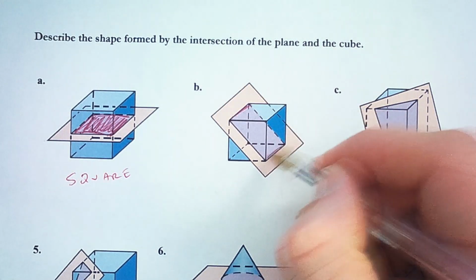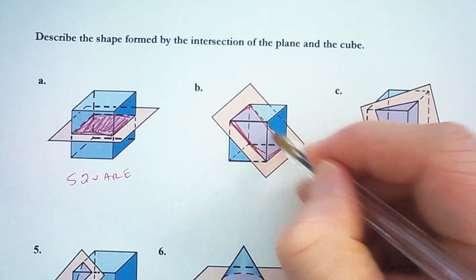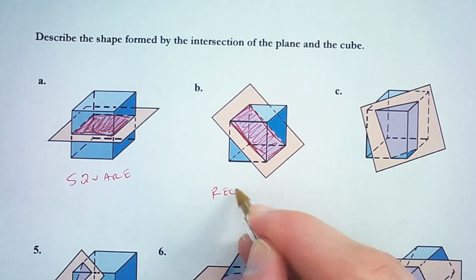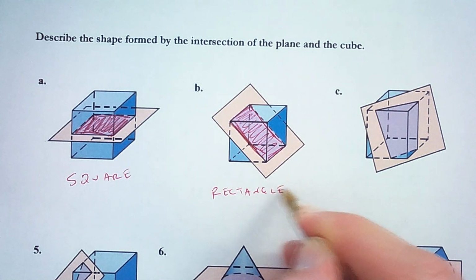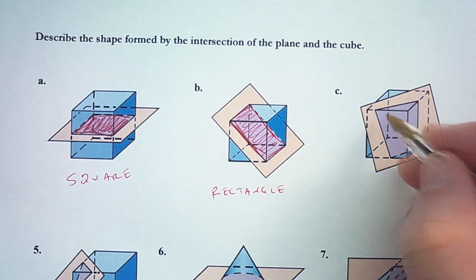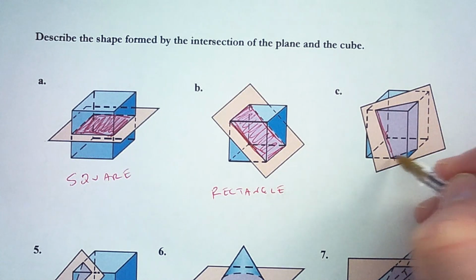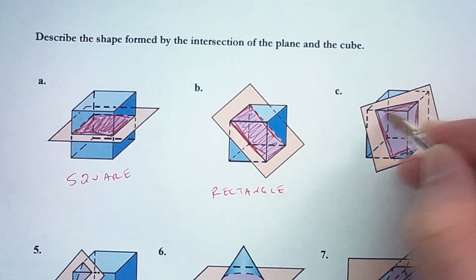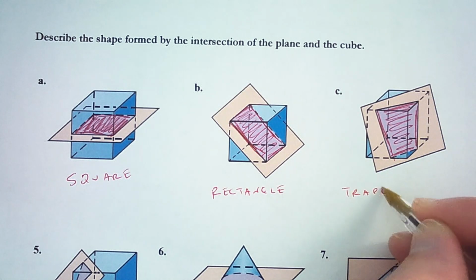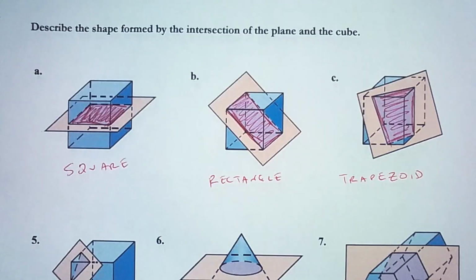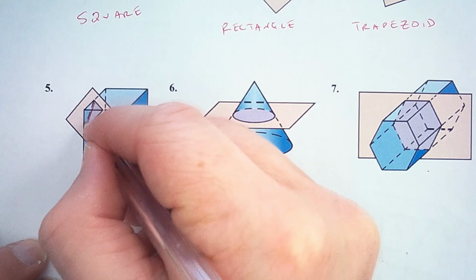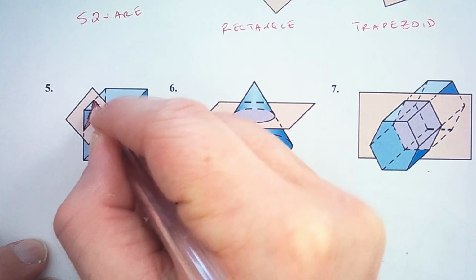Okay, so here's a cube sliced diagonally, and this is the cross section. It is a rectangle. And then here we have a cube sliced from the top to the bottom, but not perpendicular to the bases. That forms a cross section that is a trapezoid. Here's another cube with the corner cut off.